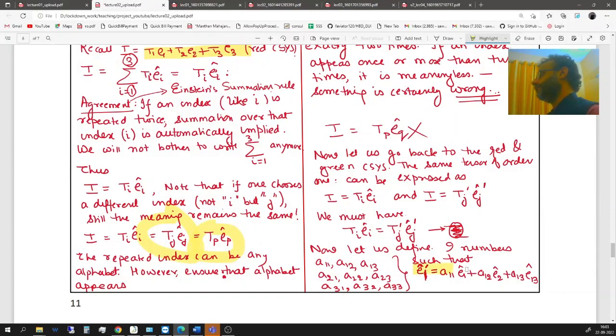This is what I mean. If I am trying to write E1', which is a unit vector of the green coordinate system, using the unit vectors of the original red coordinate system, then I will write that using these numbers A11, A12 and A13.